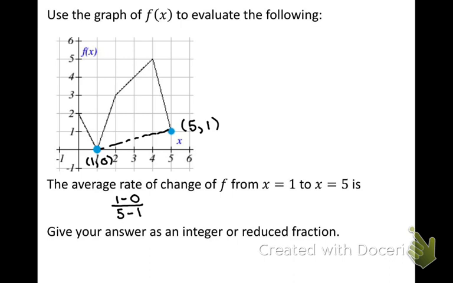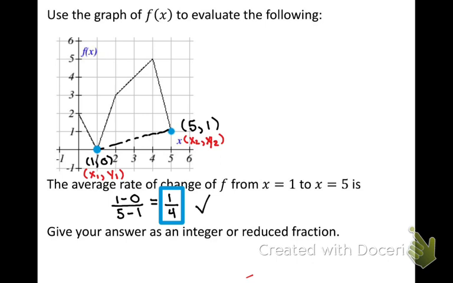I just treated this as my x2, y2, and my x1, y1. So y2 minus y1 over x2 minus x1, and that leaves me with 1 over 4. The directions here say to give your answer as an integer or a reduced fraction. 1/4 is a reduced fraction, so we are good to go.